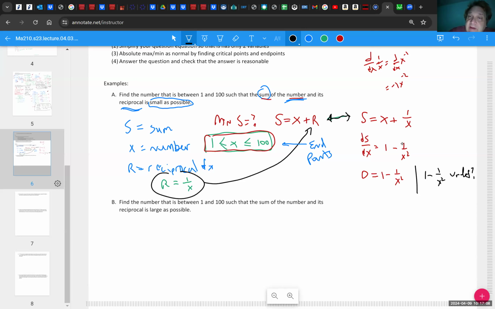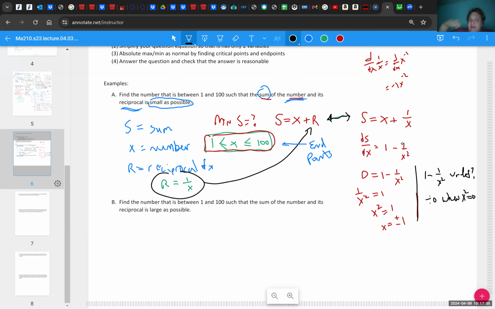All right, well, I can solve this equation right here for when it's equal to 0. I'll just make this 1 over x squared is equal to 1, or x squared is equal to 1, or x is equal to plus or minus 1. And for when it's undefined, when we divide by 0. So we divide by 0 when the bottom is equal to 0, when x squared is equal to 0.